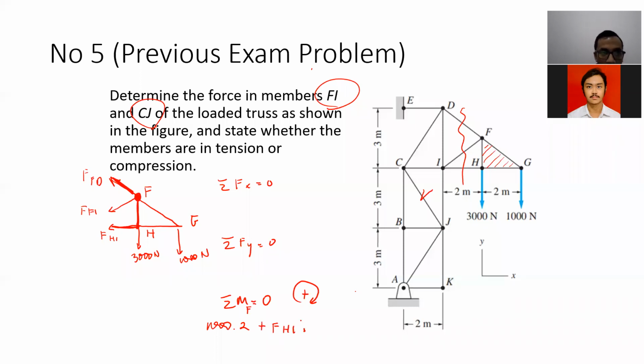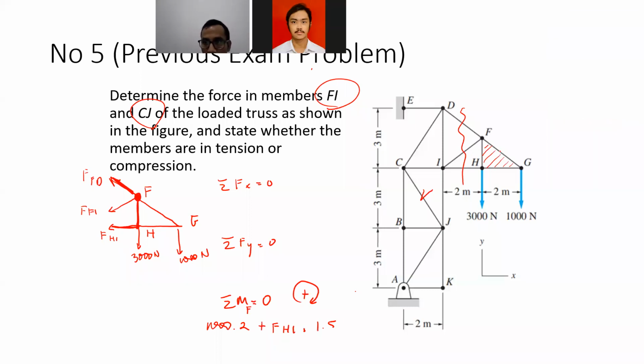FHI multiplied by the distance, is it 1.5? Yes, correct. It's supposed to be 1.5 because this one is the same as this one, so this will be half of that. So it's 1.5, equal to 0.